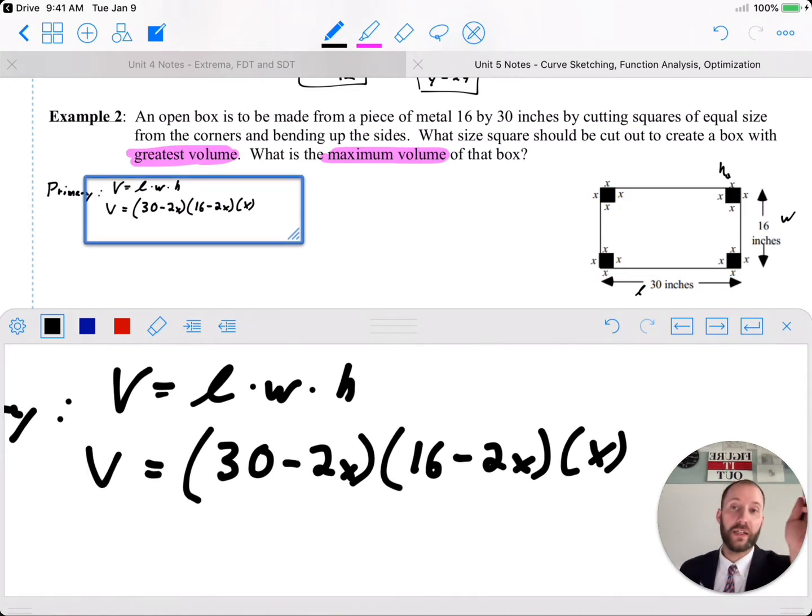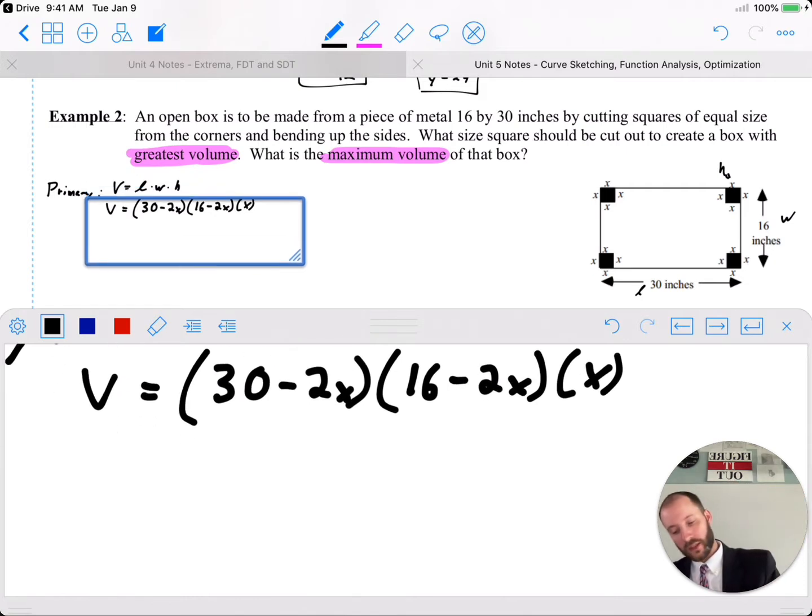So if you wanted, you could do a triple product rule, or you could distribute first and then do a power rule instead. So doing some distribution, 30 times 16 is 480.